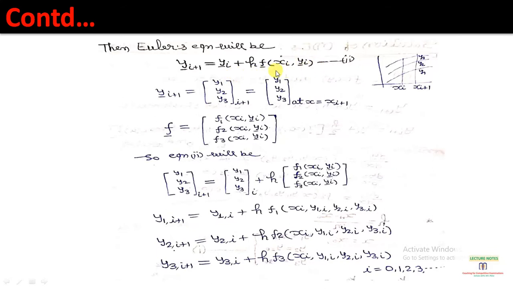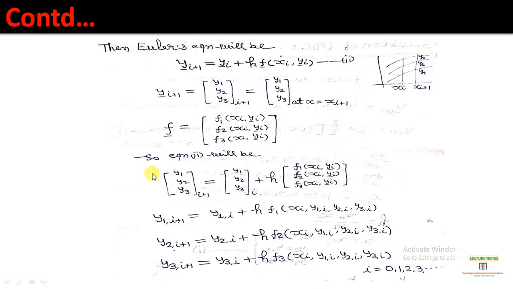So this equation finally will be written as: y1, y2, y3 at i+1 equals y1, y2, y3 at i plus h times the matrix f1 function of x_i comma y_i column vector, and so on. So this Euler equation we can write in matrix form in this manner.